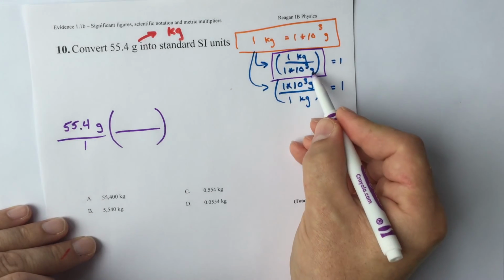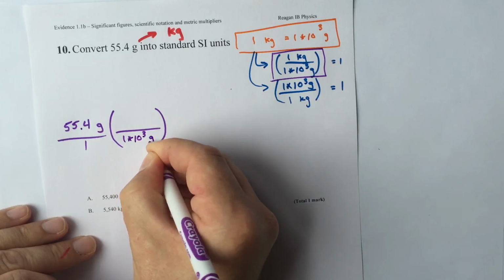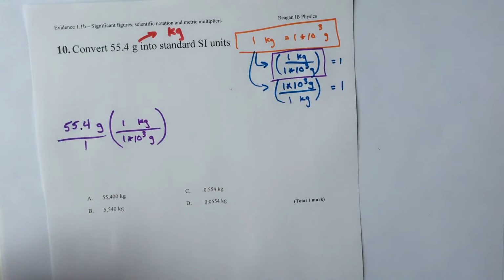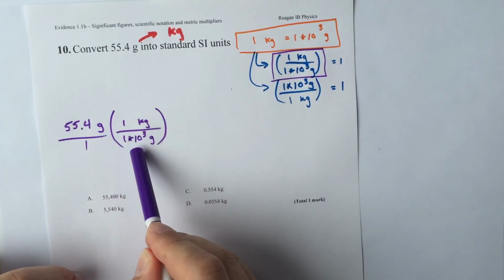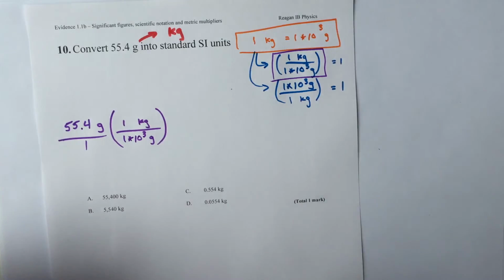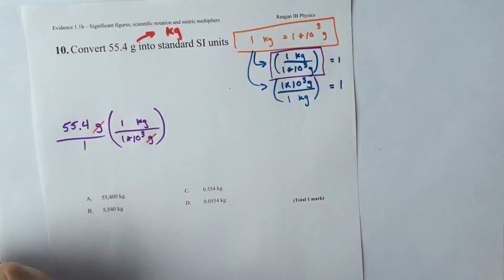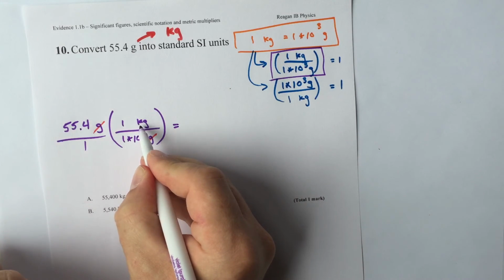It's this one right here that has a gram in the denominator. 1 times 10 to the third grams is the same thing as 1 kilogram. By multiplying this value by 1, I'm not changing it. And so this gram is going to cancel with this gram, and all my units that I'll have left are just kilograms.